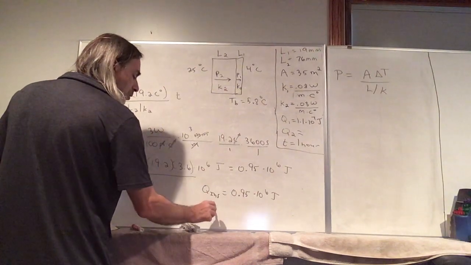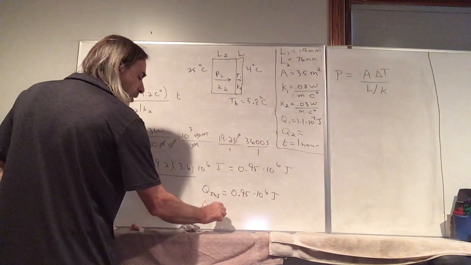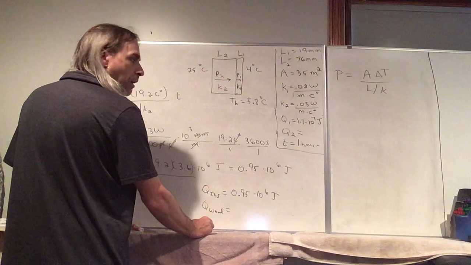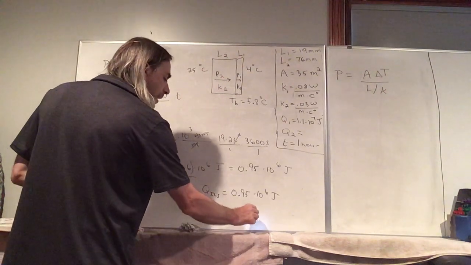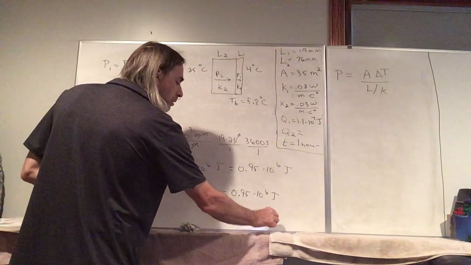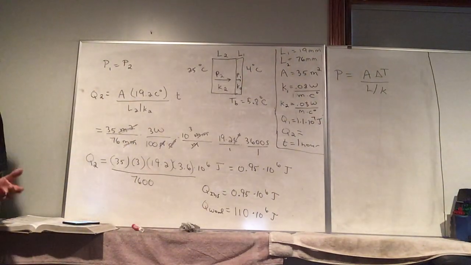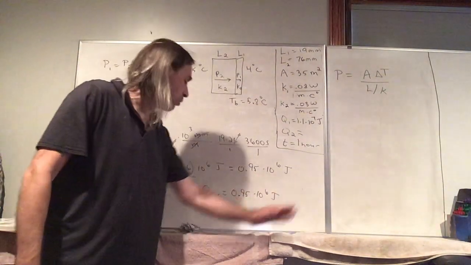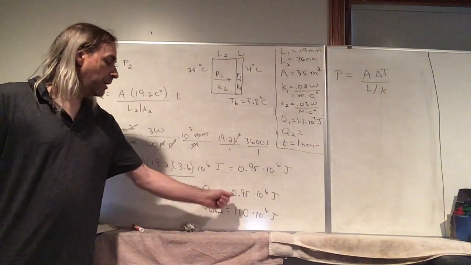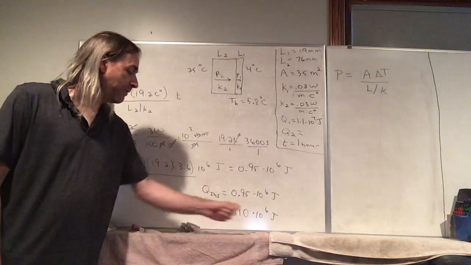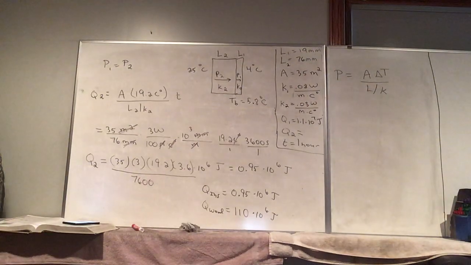And Q with just the plywood with no insulation would be 110 times 10 to the 6 joules. With the same exponent, we're comparing 0.95 to 110.